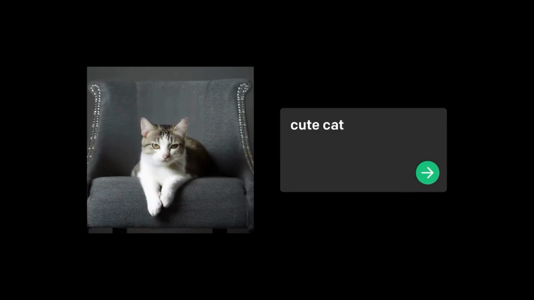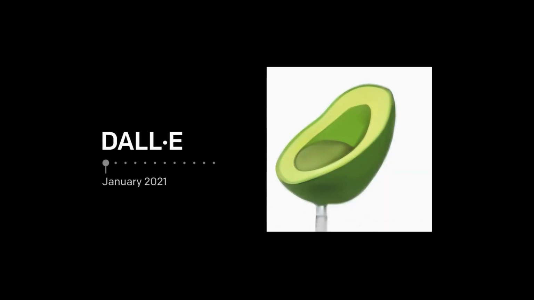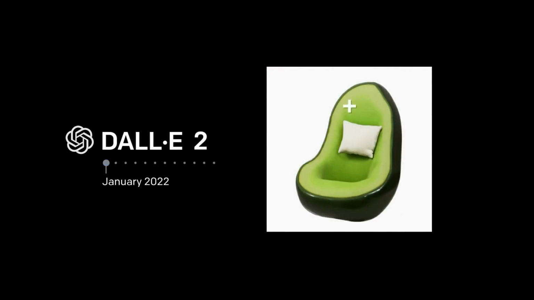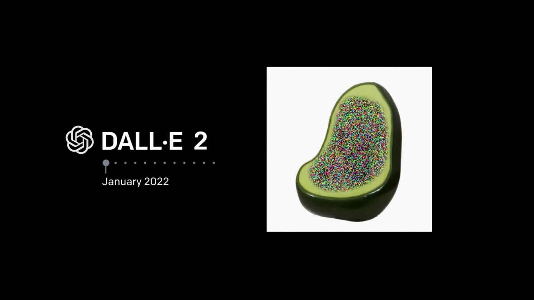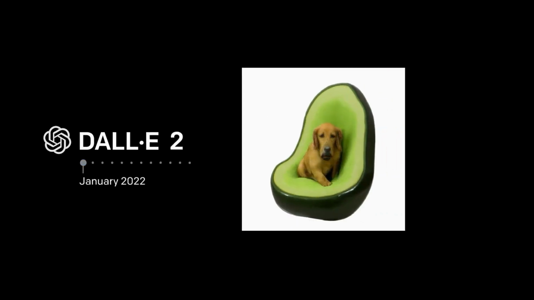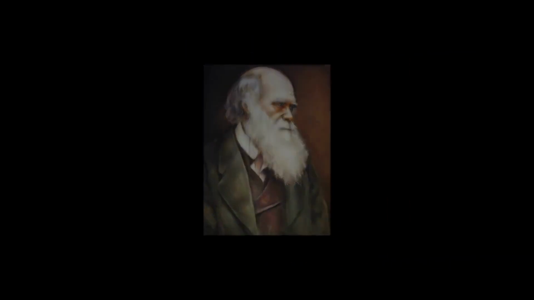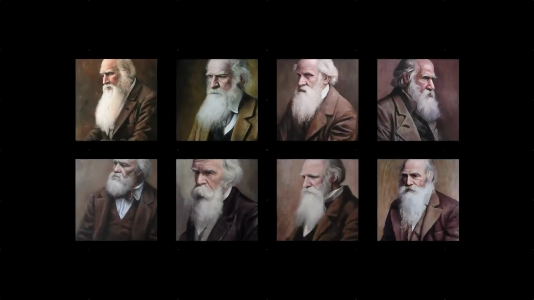It's called inpainting. In January 2021, OpenAI introduced DALL-E, a system that could generate images from text, like this avocado armchair. DALL-E 2 takes the technology even further with higher resolution, greater comprehension, and new capabilities, like inpainting. It can even start with an image as an input and create variations with different angles and styles.